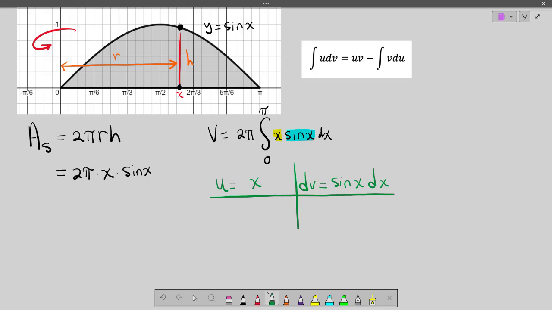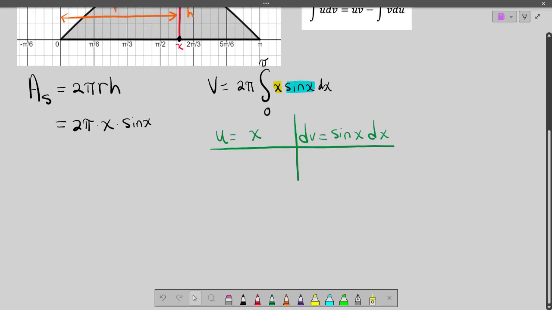The most complex part that's easily integrable. Sine is more complex than x, so that rule of thumb will work just fine here. We'll get a du equals dx, we'll get a v equals negative cosine. And let's see if that, in fact, gives us something easier.